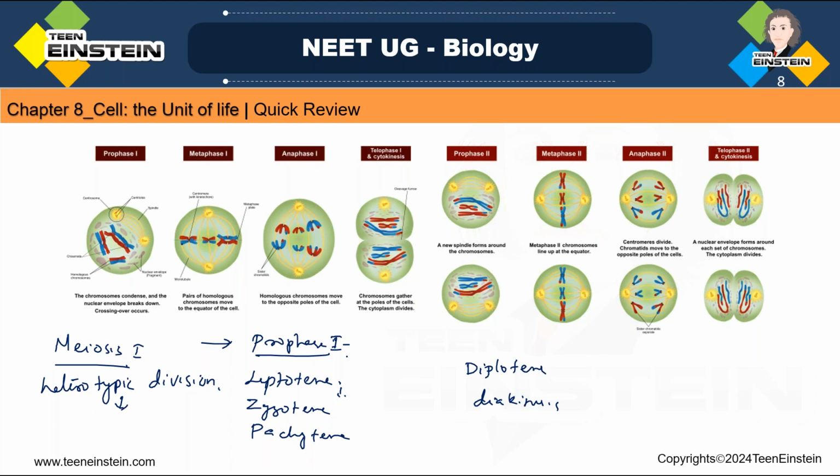Here we said synapsis, the pairing of chromosomes, occurs. The synaptonemal complex stabilizes the paired condition of chromosomes in zygotene, or zygonema. Then comes the pachytene stage. Among all these, the pachytene stage is the long one, because here the crossing over is taking place, so it takes time to cross over.